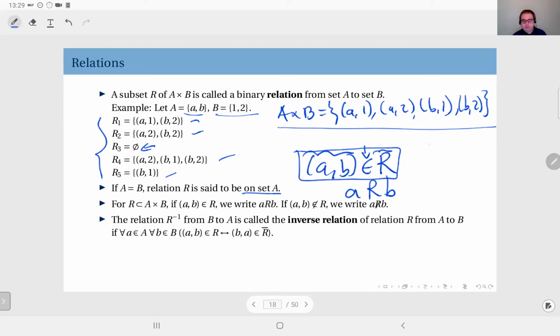Or for instance, this is a relation. The integers, let's say, 3 and 5 are related through the relationship of less than. Or for instance, let's say two sets, A and B. When we say A and B are equal, A and B are related to each other via the equality relation.